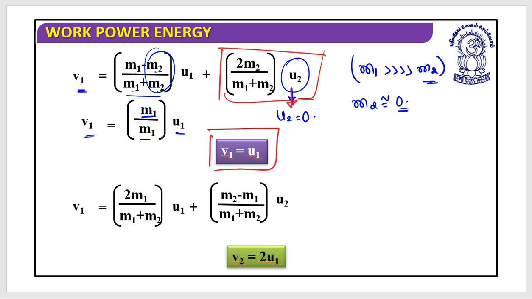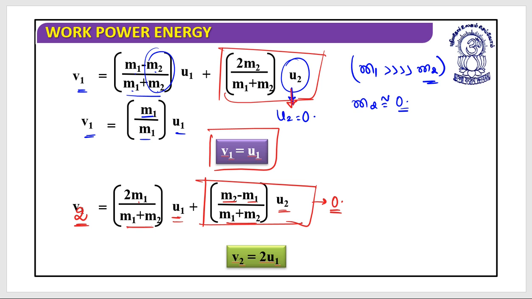And this is the second case, v2. So v2 is equal to 2m1 upon (m1 plus m2) into u1 plus (m2 minus m1) upon (m1 plus m2) into u2. As initially this was at rest, this would be 0, and v2 could be written as 2m1 upon (m1 plus m2) into u1.